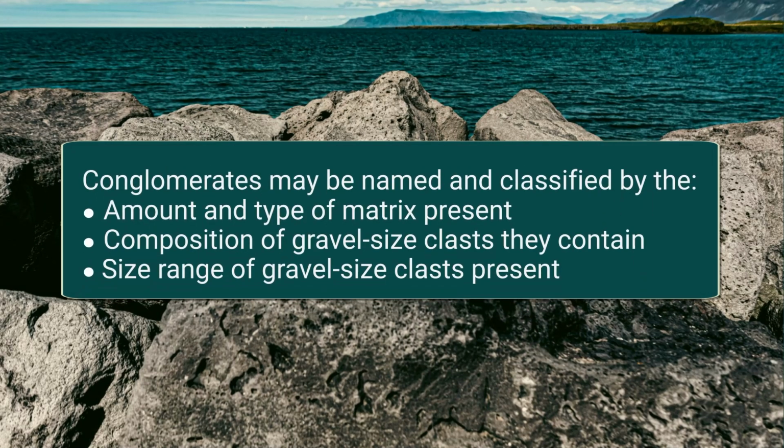Conglomerates are named or classified by the amount and type of matrix present, the composition of the gravel size clasts they contain, and also the size range of gravel size clasts that is present.